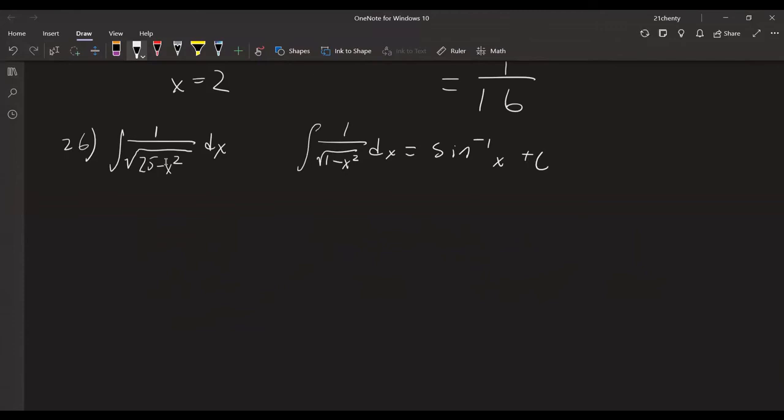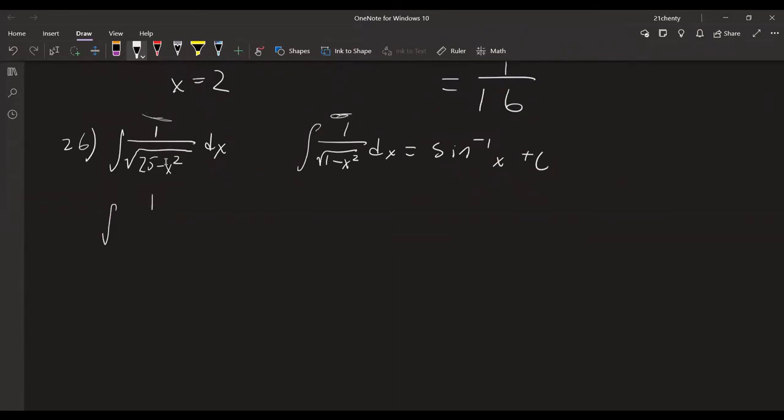So how do we get the left part to match with the right part? Well, in my opinion, the easiest way is to factor out a 25 from the bottom.